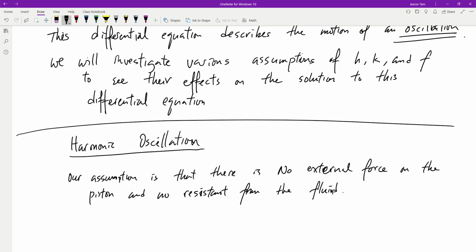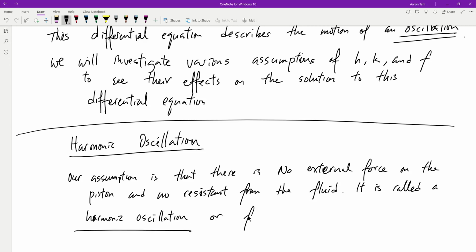Okay, and this basically represents what we call the ideal scenario. And if you think about it, you actually kind of know from a physical standpoint what would happen in this case. This is called a harmonic oscillation, or often referred to as free oscillation.